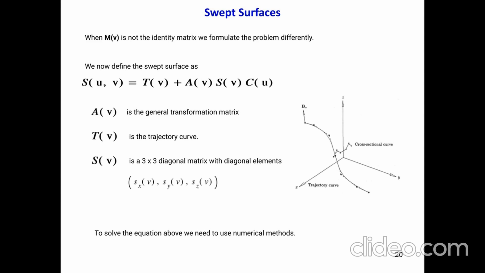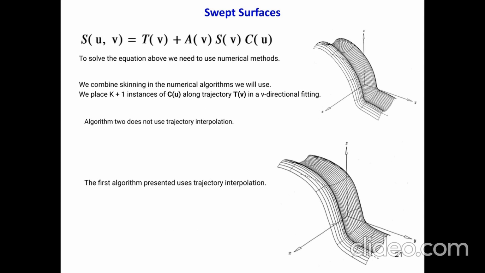This is representing these rotations. So like I said, now we need numerical methods to solve this equation, and we construct algorithms that, well, they're already constructed algorithms that are shown in the book.